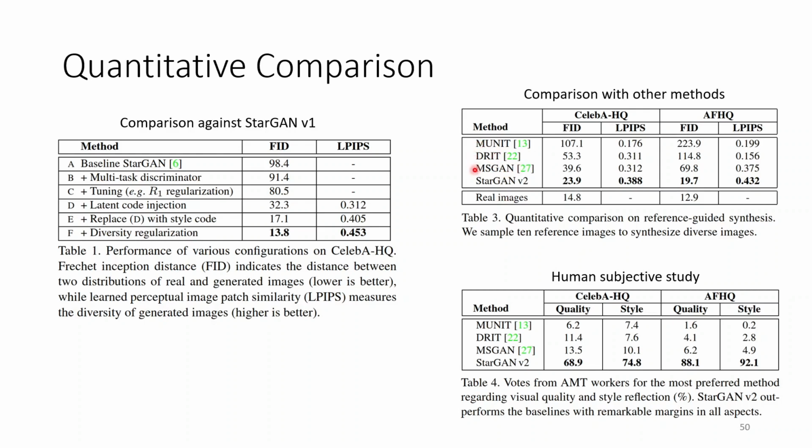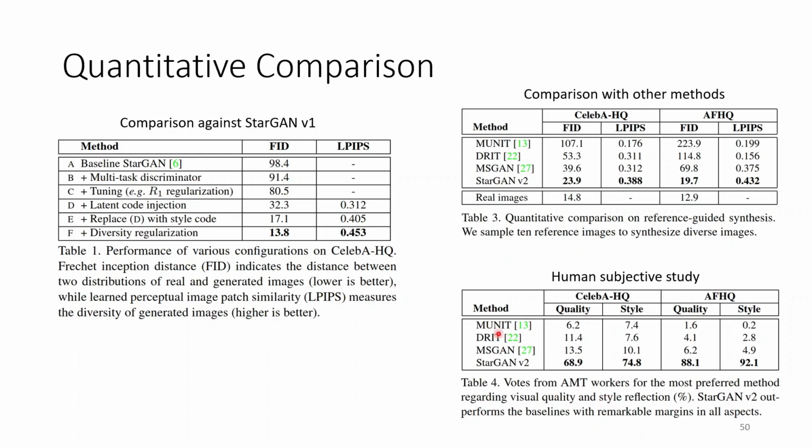Compared with some existing methods, they show their performance is better than others. They also ask Amazon Mechanical Turk workers to do the same, because they want to show more evidence to convince their readers and reviewers.